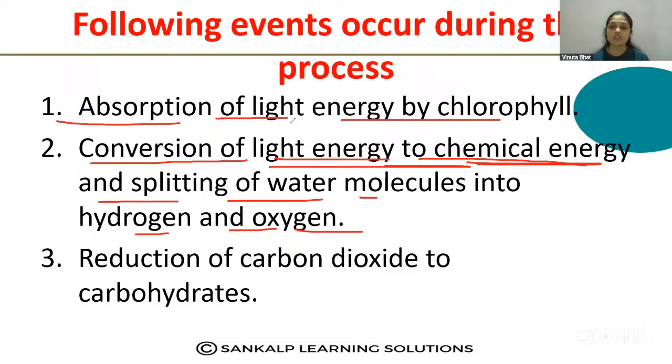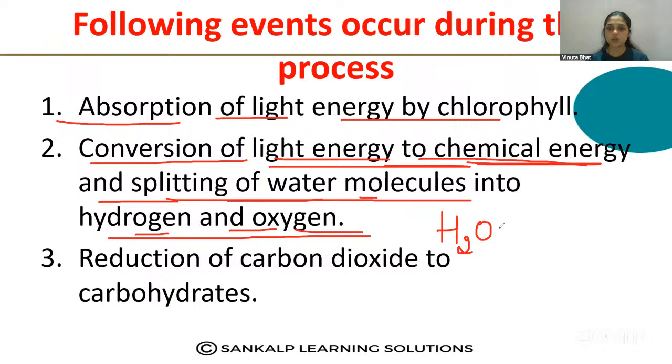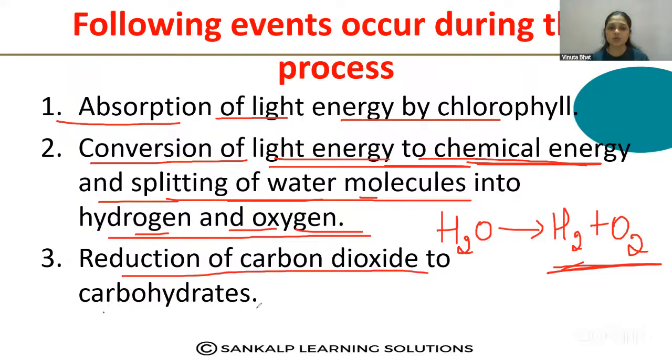So the light energy is absorbed and that light energy is converted to chemical energy, and water molecules are split into hydrogen and oxygen, H2 plus O2. Okay, so that is the second step. And the third is reduction of carbon dioxide to carbohydrates. So these are the three main important events of the photosynthesis.